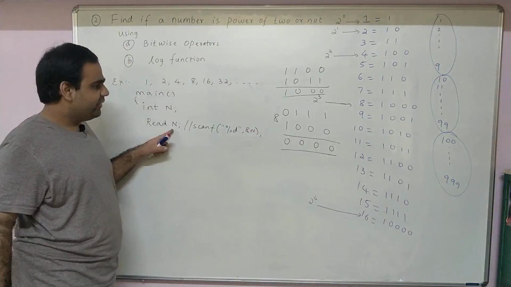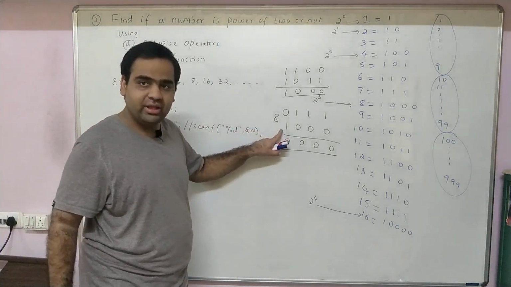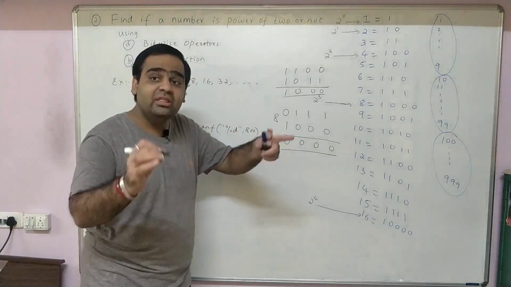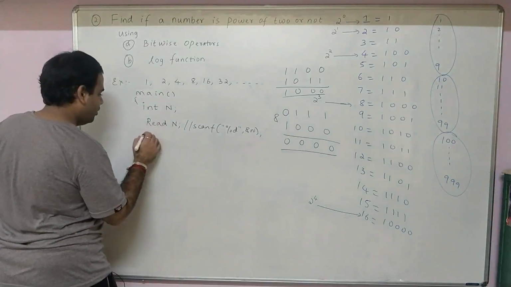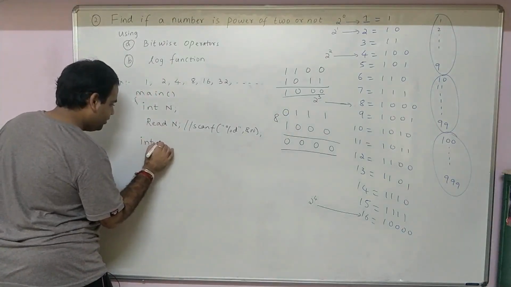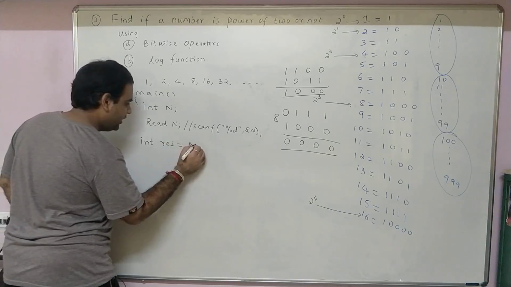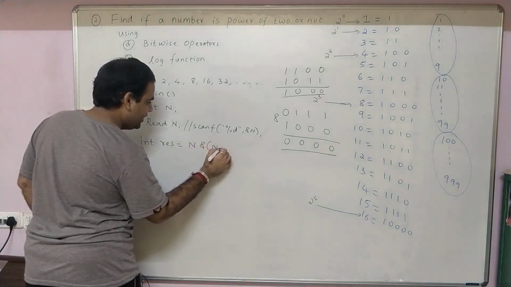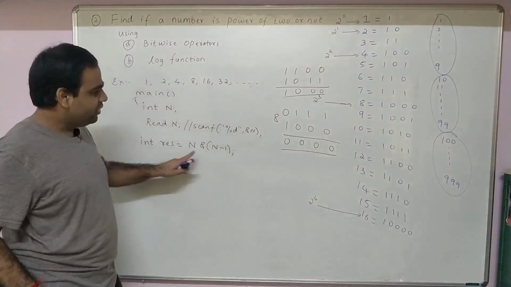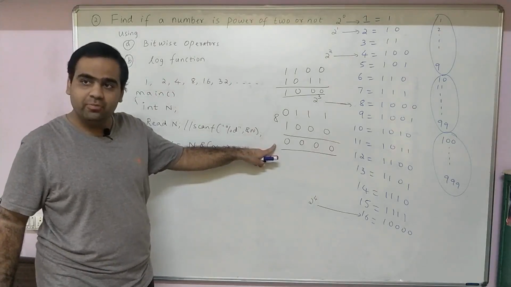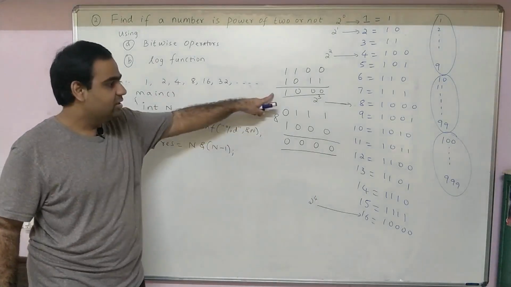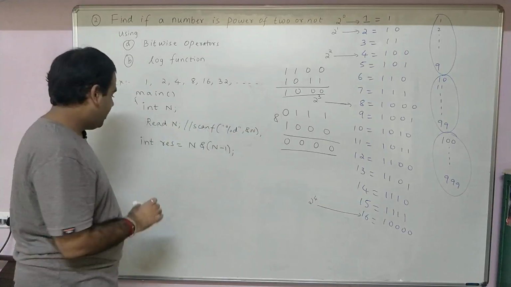After you read the value of n, suppose the value of n is 8, you bitwise AND with n minus 1. Therefore, we say int result is equal to n bitwise AND n minus 1. Now, if the value of result is 0, it is a power of 2. If the value of result is not equal to 0, it is not a power of 2.